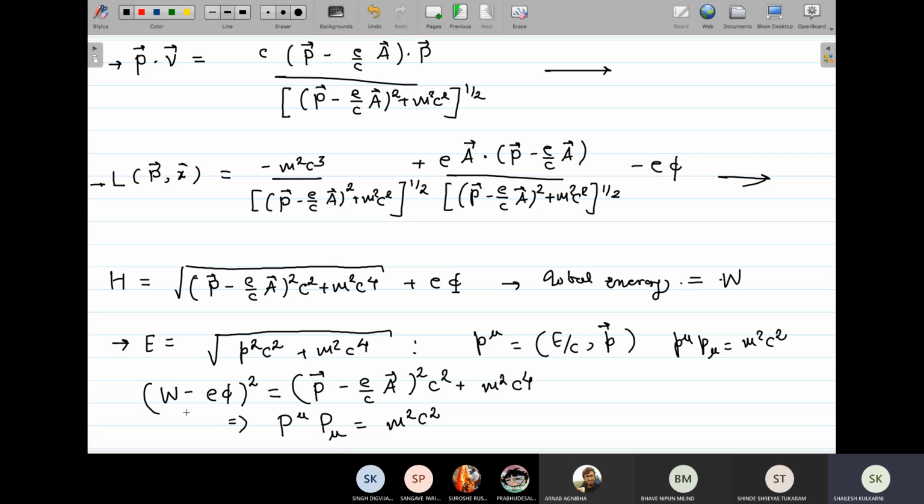So you see that W minus e phi divided by c is actually the zeroth component of this vector P mu.